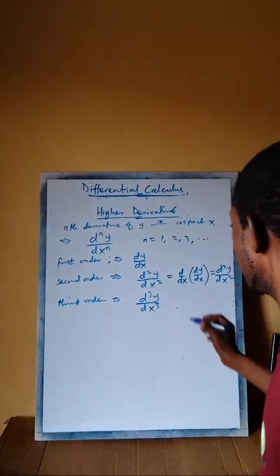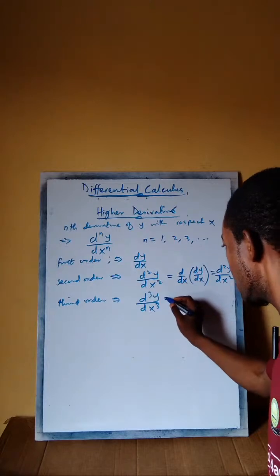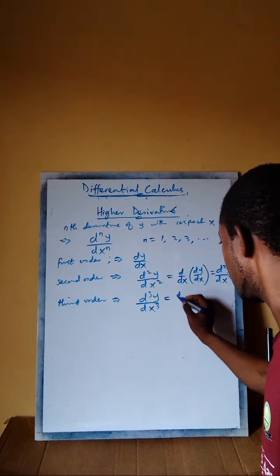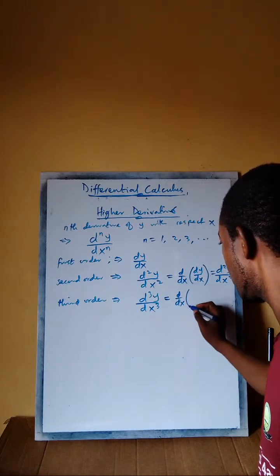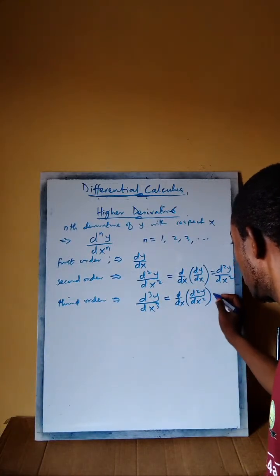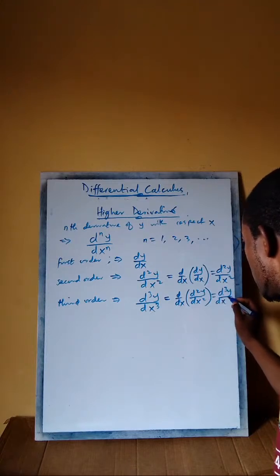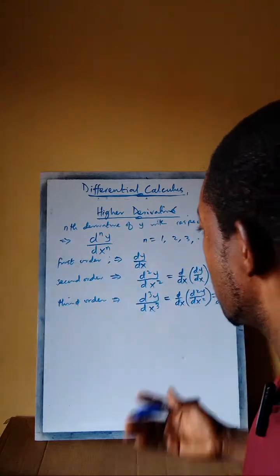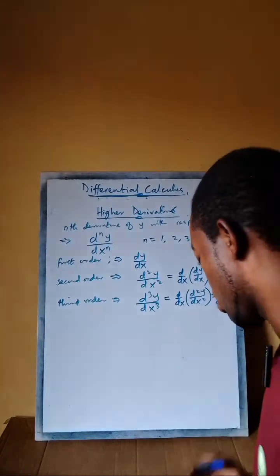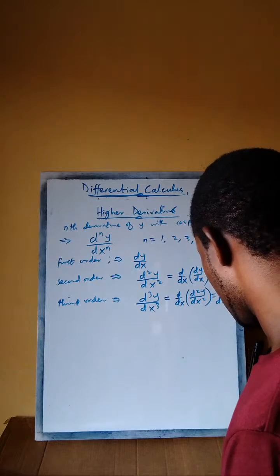In the same way, the third order derivative is derived from the second order. This is the same thing as d/dx of d squared y over dx squared, which is d cubed y over dx cubed. So for us to get the third order derivative, we should get the second order derivative first, and so on. Let's look at one example to demonstrate this.